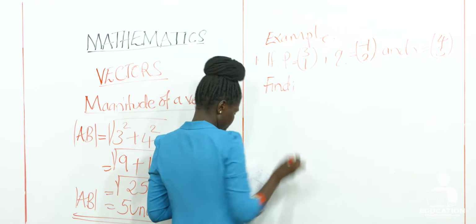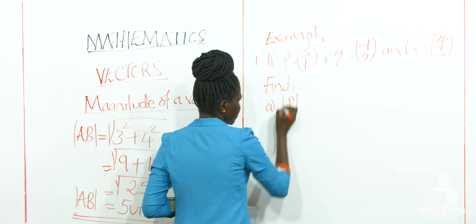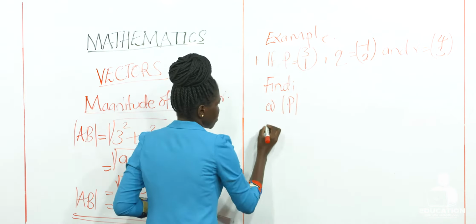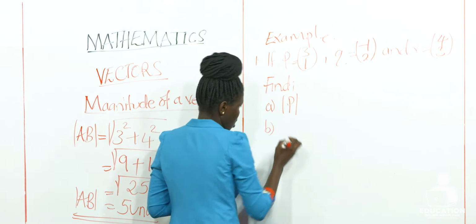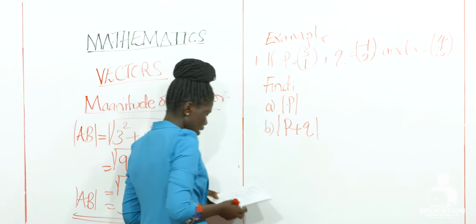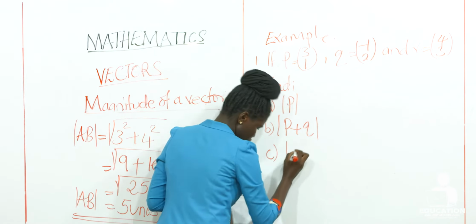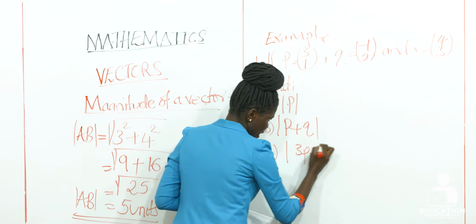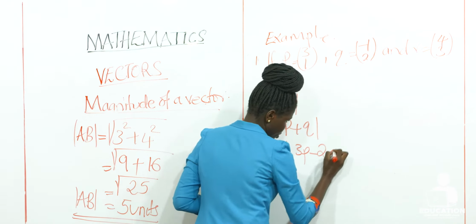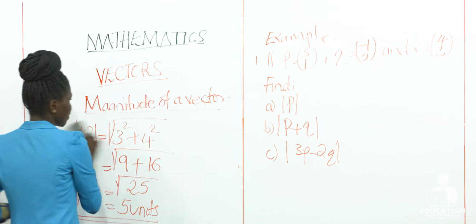Part A: find the magnitude of P. Then part B is saying we find P plus Q, but its length. Then C is saying we should find the magnitude of 3P minus 2Q.